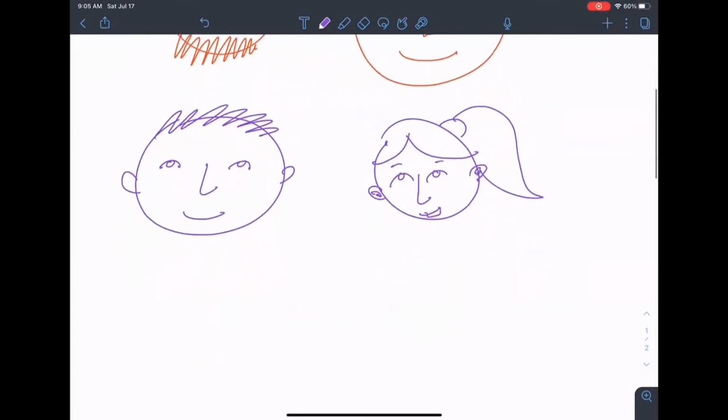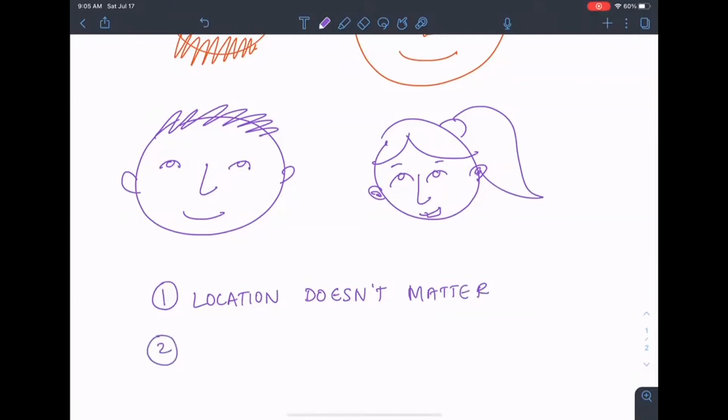And so the point I'm trying to get at is one, location does not matter. It doesn't matter where on this page I drew this face, it was still a face. Two, relative location does matter. Relative location of what? Well, relative location of the parts.